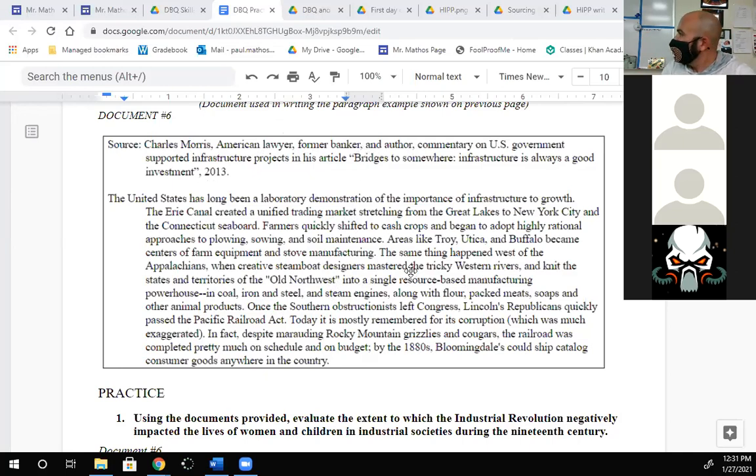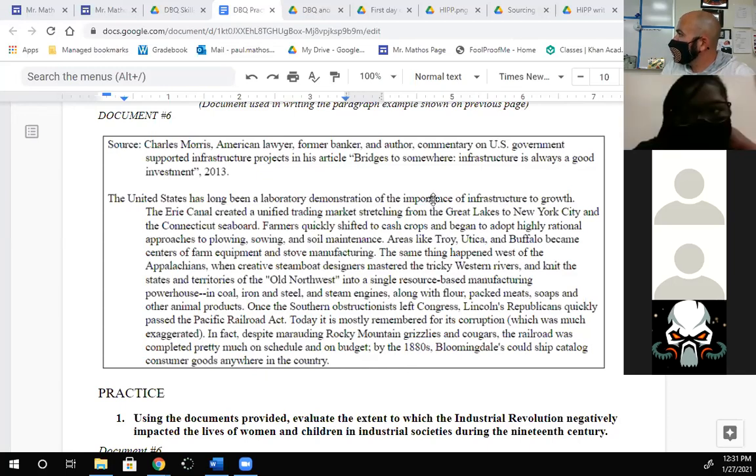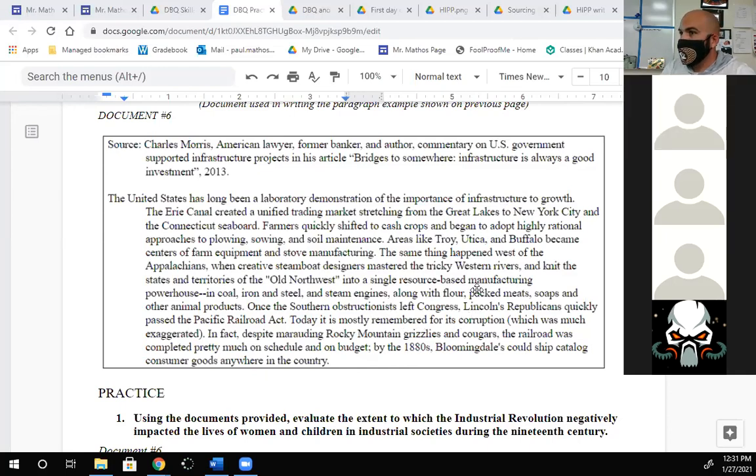And it's saying Bridges to Somewhere: Infrastructure Is Always a Good Investment. And as I'm reading this, he's definitely pro infrastructure. He wants these things to be built. All right, he wants this to happen. That's okay. But now let's go one step deeper.